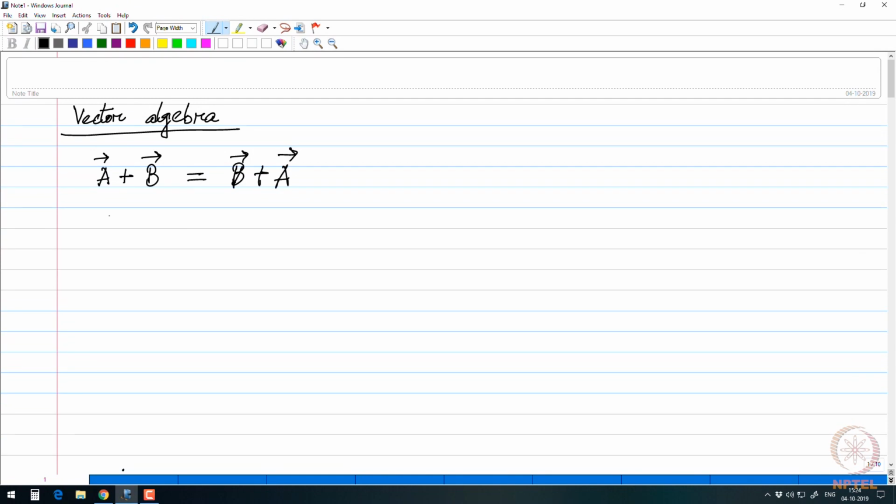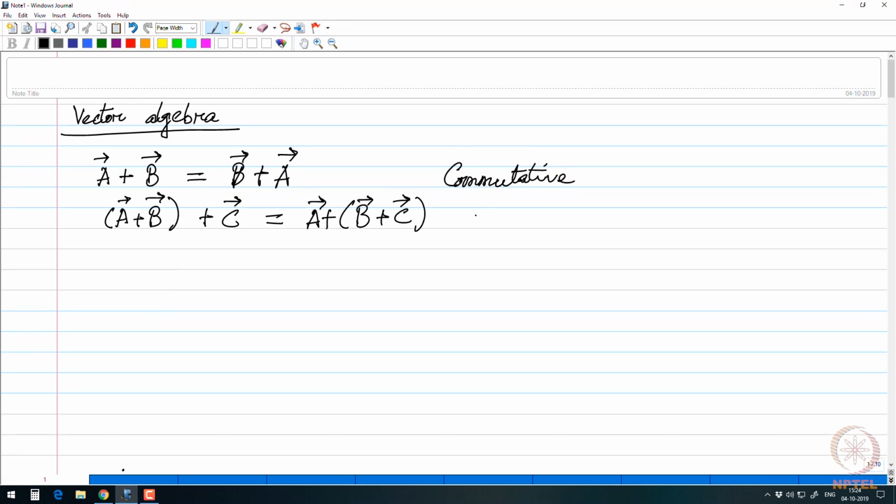It's also associative, meaning A plus B, if we now add another vector C to it, gives us the same thing as A plus the sum of B and C. And you are familiar with some of the vector products.